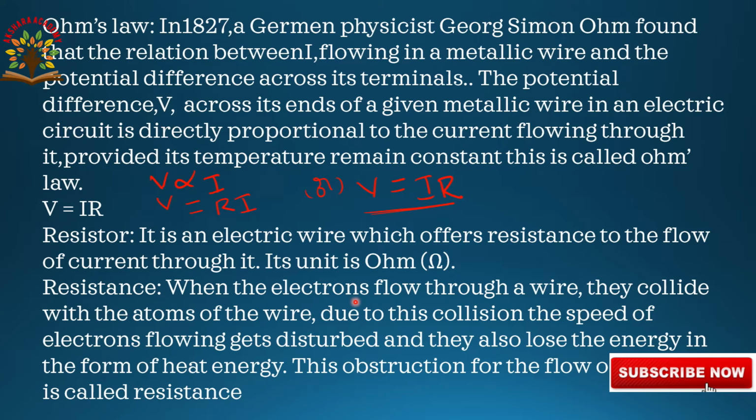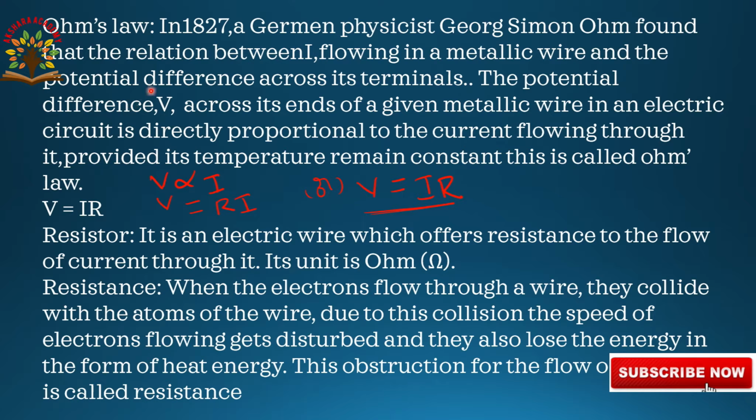When the electrons flow through a wire, they collide with the atoms of the wire. Due to this collision, the speed of the electrons gets disturbed, and they also lose energy in the form of heat energy. This obstruction to the flow of electrons is called resistance.